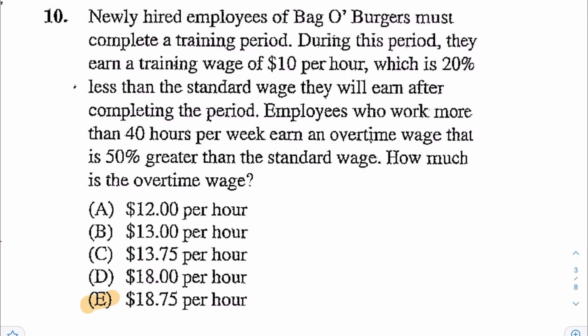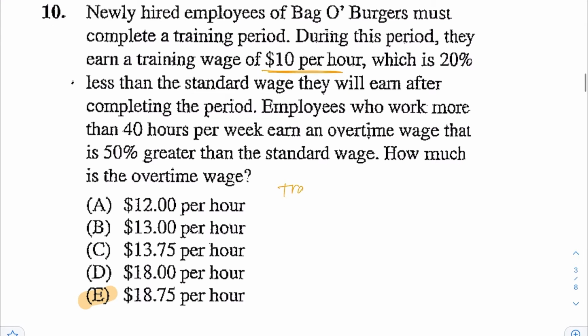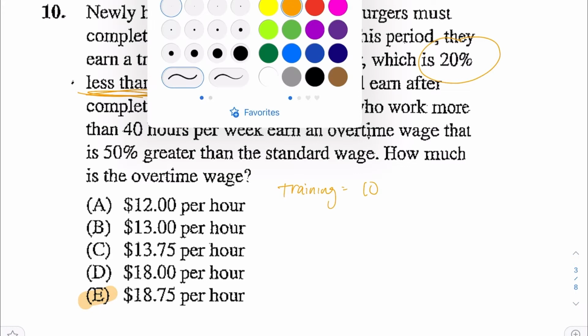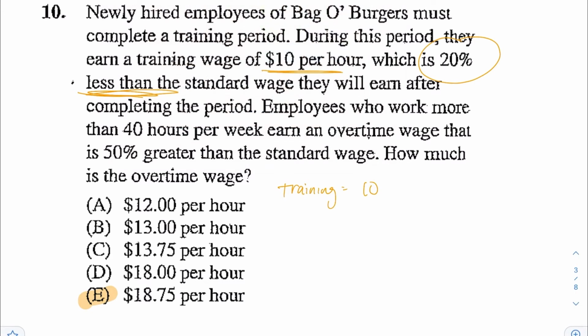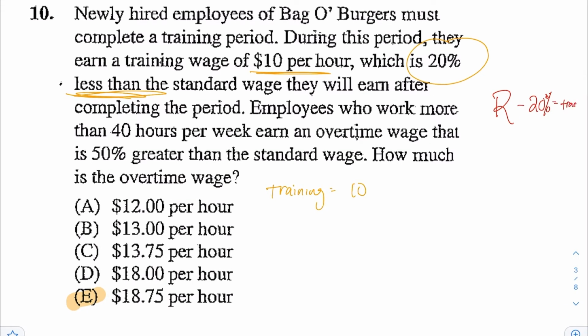All right, so you know that the training wage is $10, and this $10 is actually 20% less than the standard rate. So 20% less than means that you have the standard rate, which you can call R, and you have to subtract 20%. That's going to be equal to the training rate.